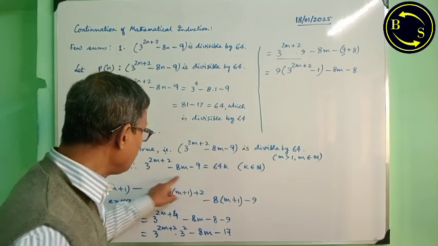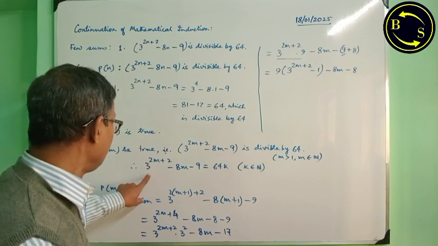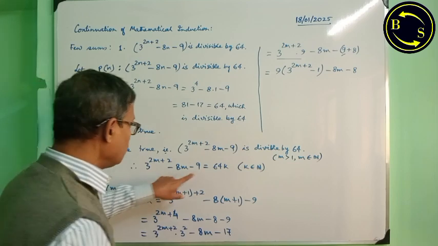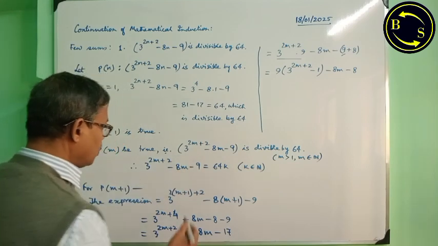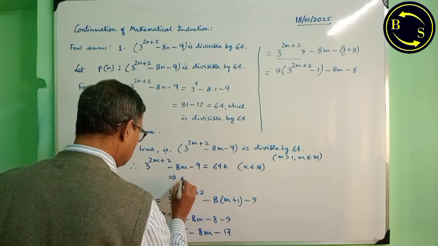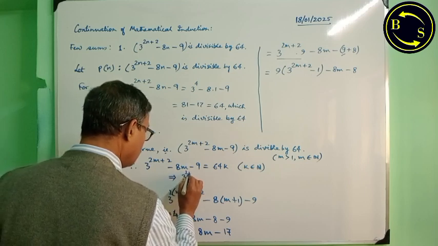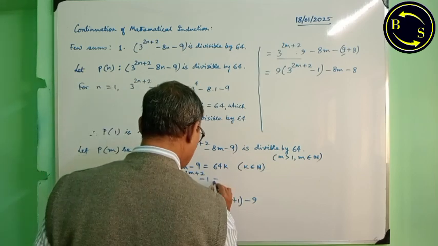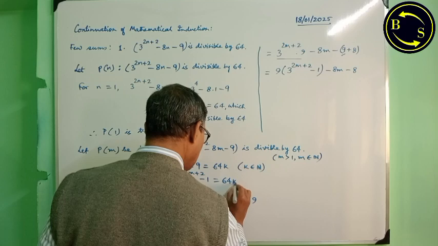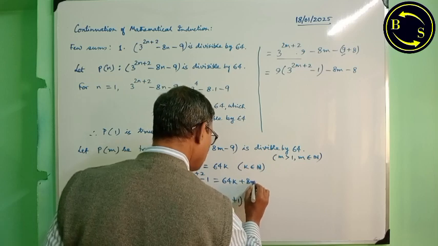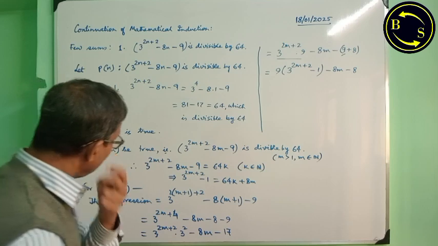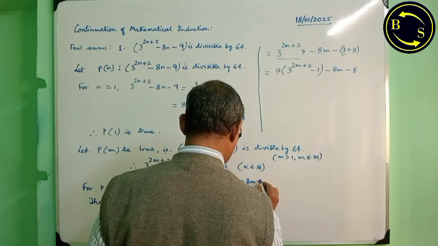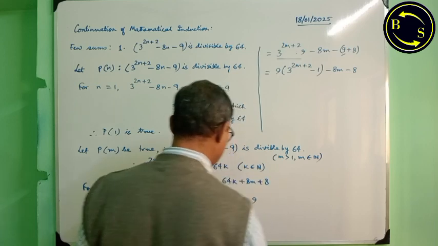Now from here 3 to the power 2m plus 2 minus 1, if I write 9 as 8 plus 1, will be equal to 64k plus 8m plus 8.